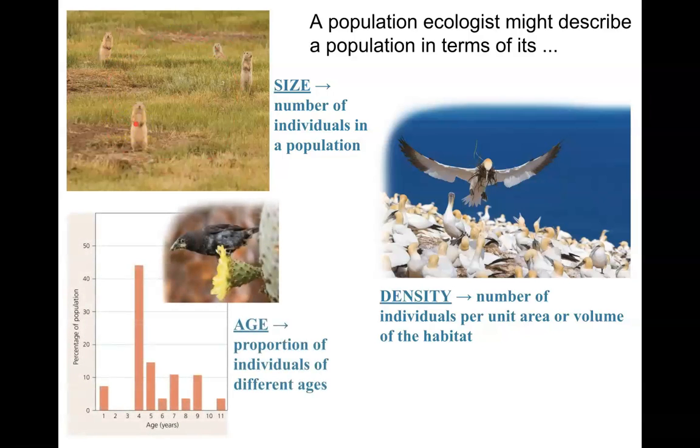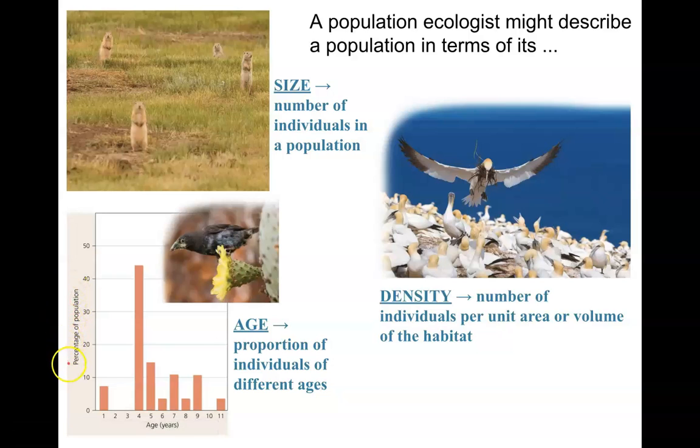And we also need to consider their age, the proportion of individuals of different ages in a population, like this cactus finch. What I want to point out quickly here for age is this graph. It's quite interesting. We have the percentage of a population on the y-axis.